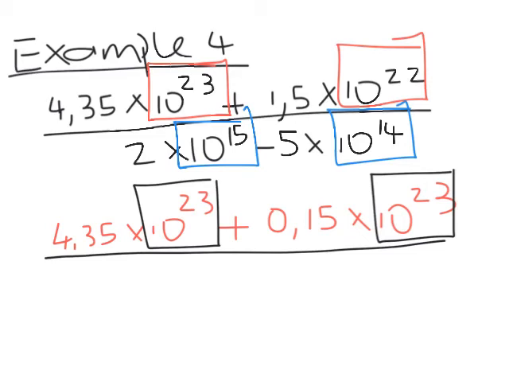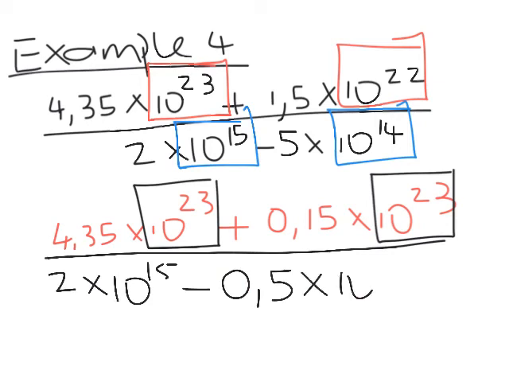So let's do that. What am I going to have in the denominator? I'm going to leave 2 times 10 to the power 15 minus, now I'm going to shift this because I only need 1, so it's going to be 0.5 times 10 to the power 15.